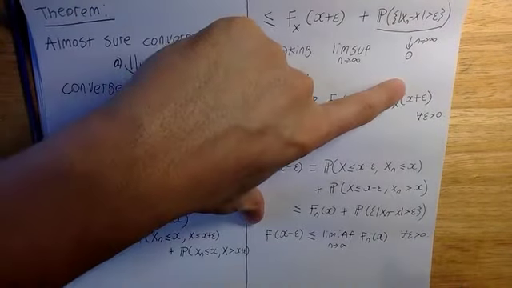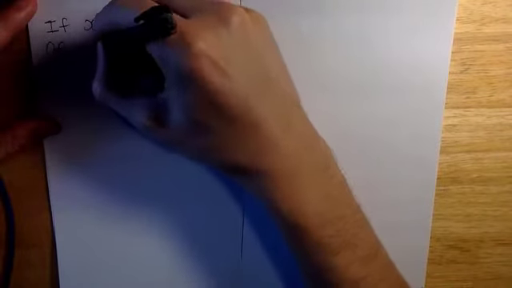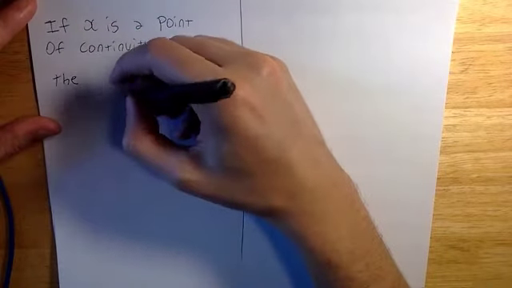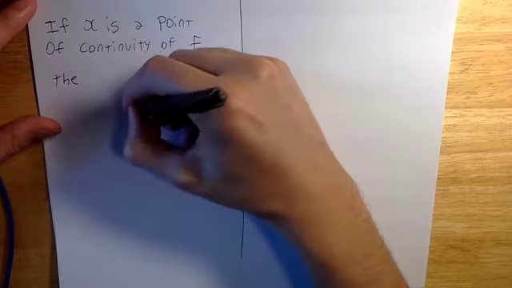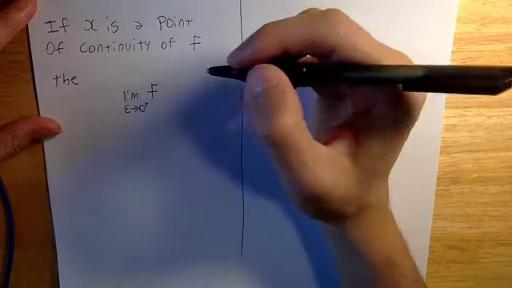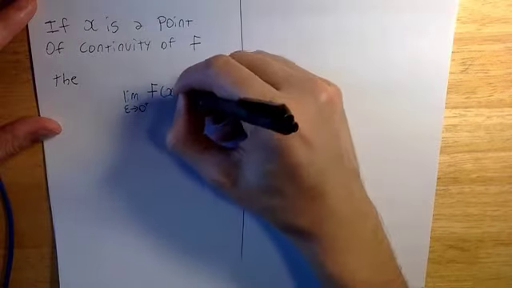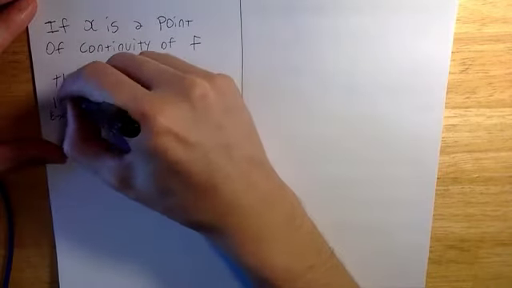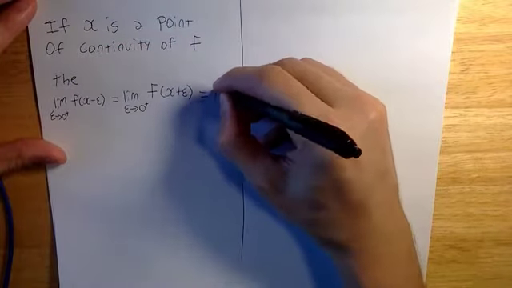Now, if x is a point of continuity of F, then the limit when epsilon positive goes to 0 of F of x plus epsilon is equal to the limit when epsilon positive goes to 0 of F of x minus epsilon, and is equal to F of x.